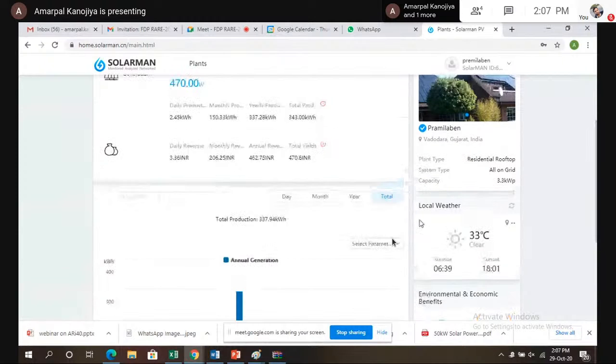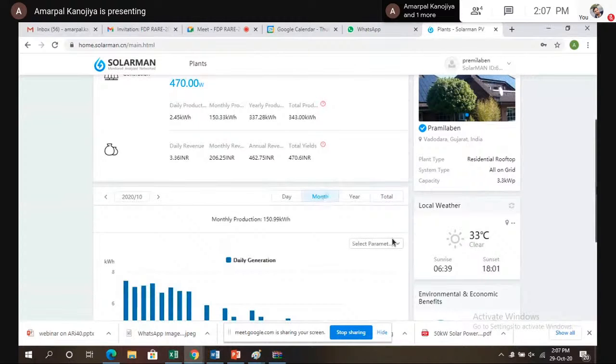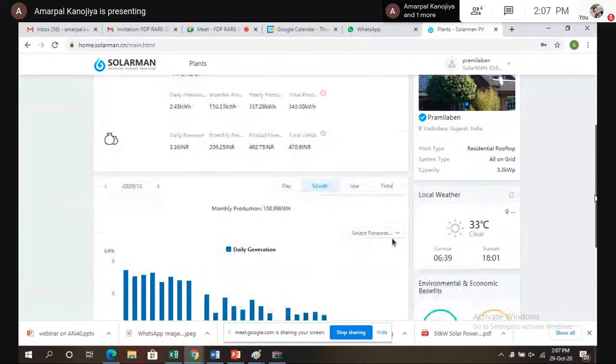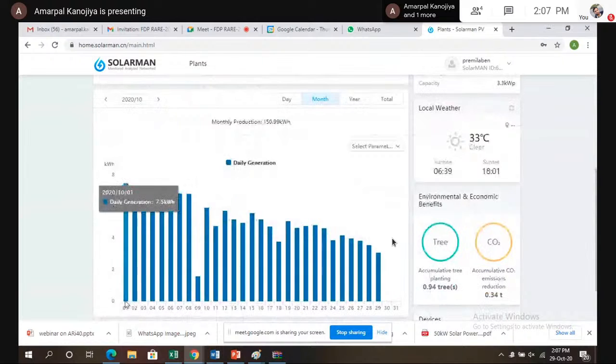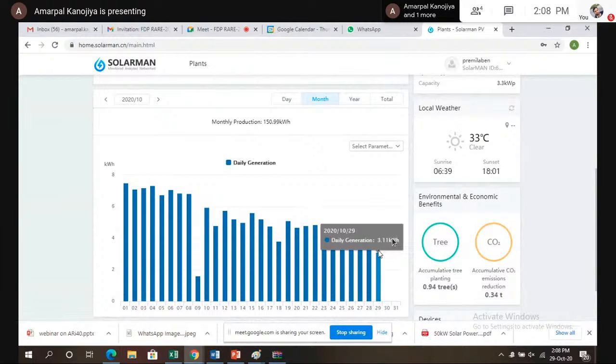Now if you want to look after the monthly generation, daily wise, then see here, this is the generation of 1st October and this is the generation of 29 October. Till now, the generation is 3.1 kilowatt hour, means units, at 2 p.m. There is a generation of 8 units daily.